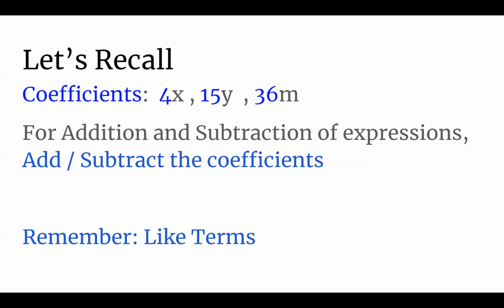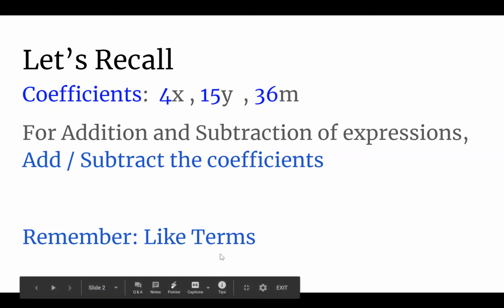So the simple rule that we learned in the previous videos for adding and subtracting algebraic expressions was, when you add or subtract the algebraic expressions, you add and subtract the coefficients. But do remember that we add and subtract the coefficients only for like terms.